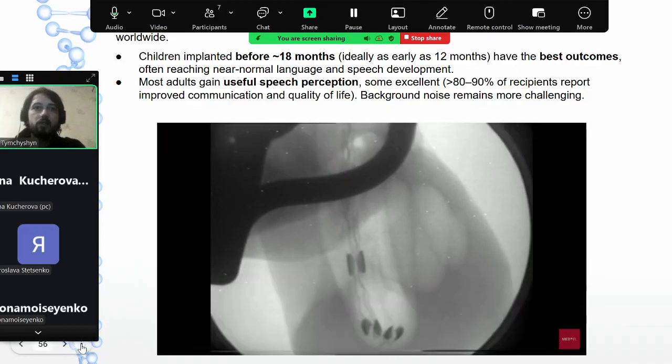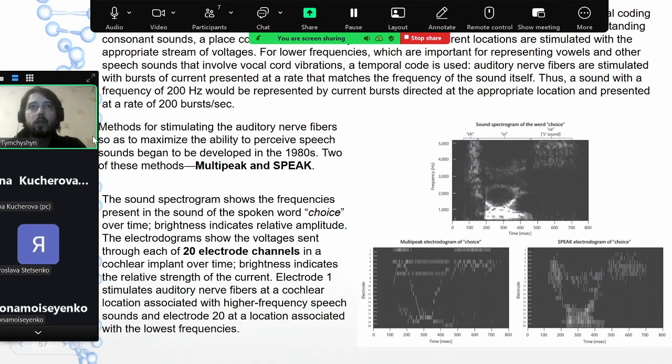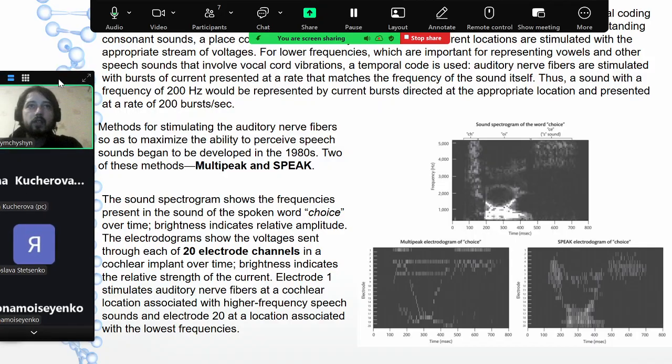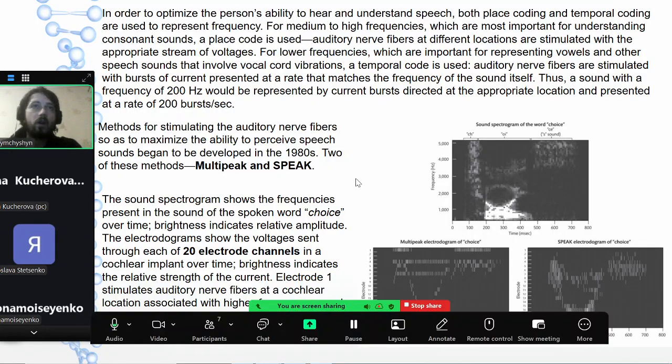So here you see how that looks in the X-ray. And of course it's not so easy, so you need to somehow take that signal from the outside and encode it so that our brain more or less understands what we want from it.